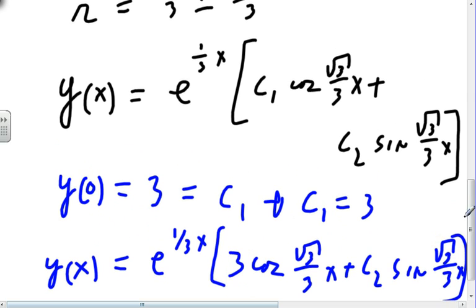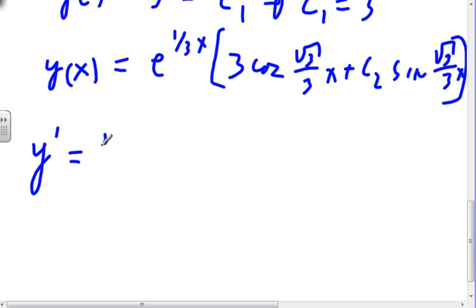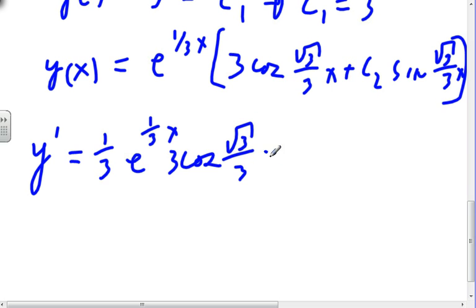Okay, now I've got to look for y prime. So y prime is going to be 1/3 e to the 1/3 x times 3 cosine the square root of 3 over 3x minus, what?